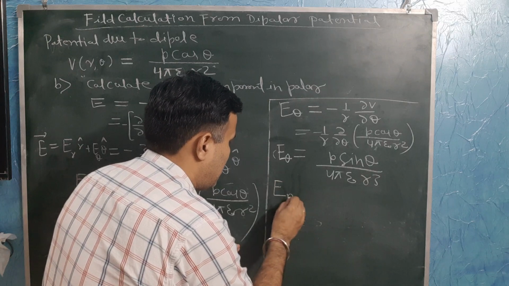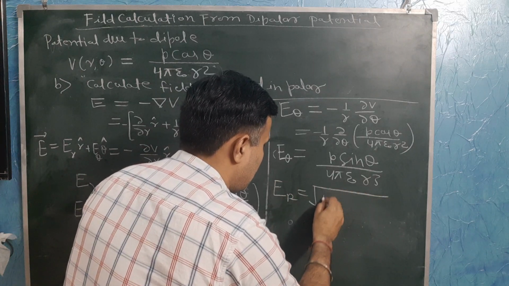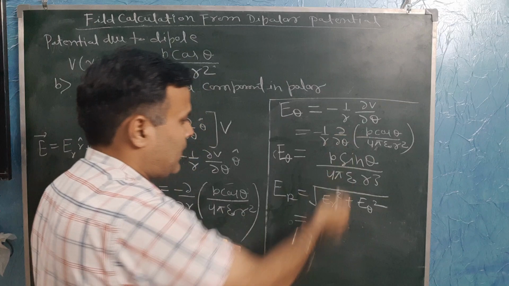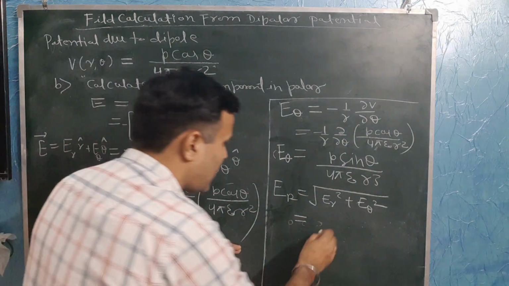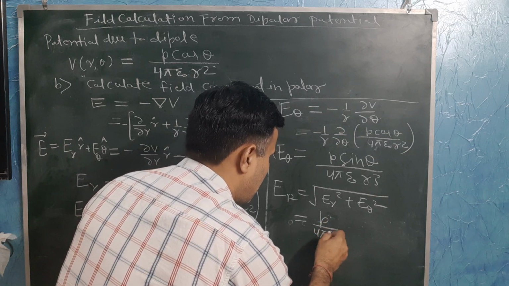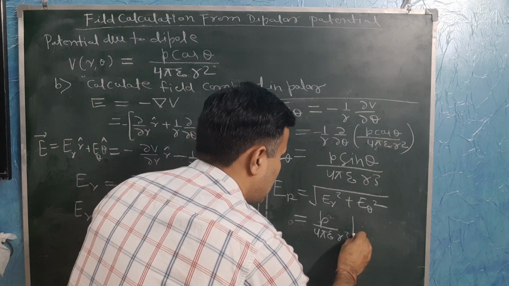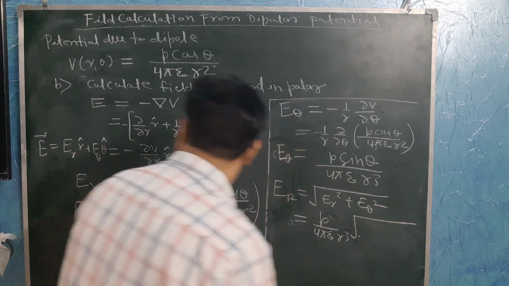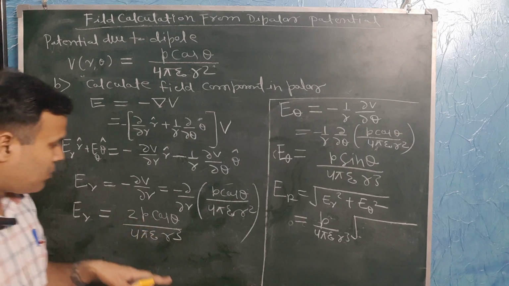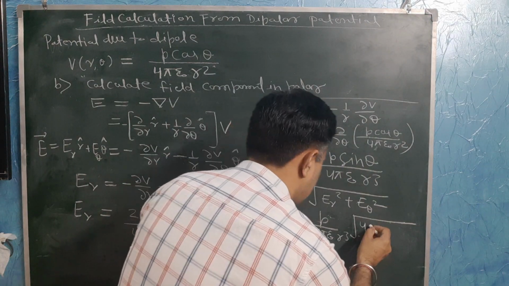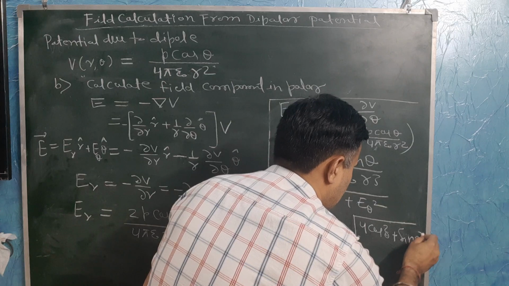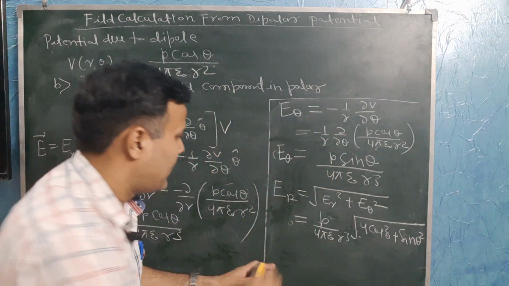We can find out the resultant, which is simply the square root of Er square plus E theta square, which is p by 4 pi epsilon naught r cube, and under the root, if you are squaring this Er, twice p becomes 4p, so this is 4 cos square theta plus sin square theta. So this is the resultant.